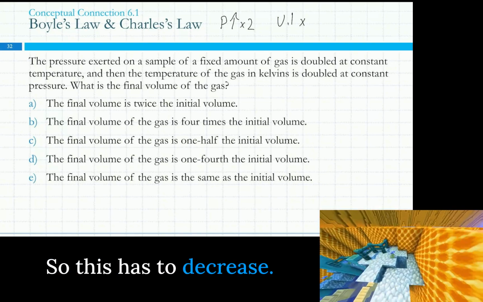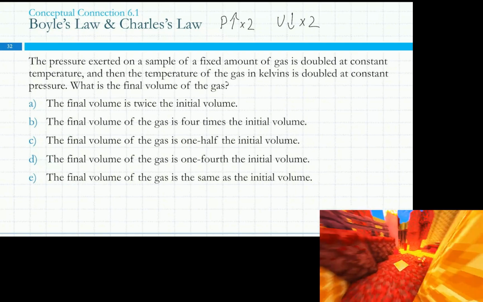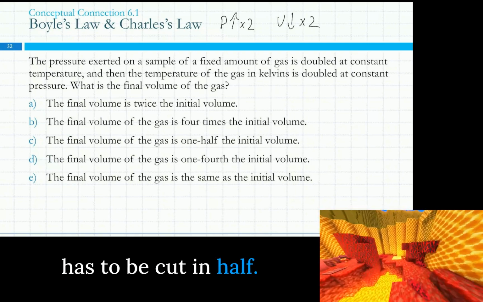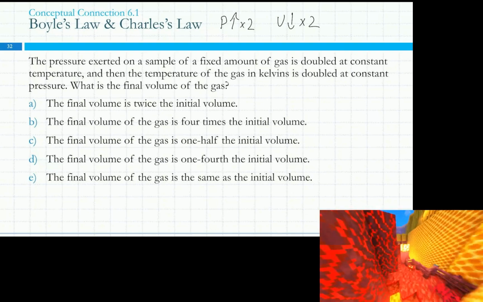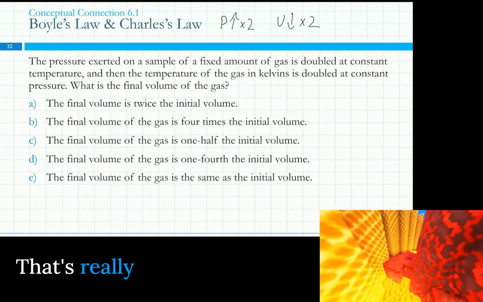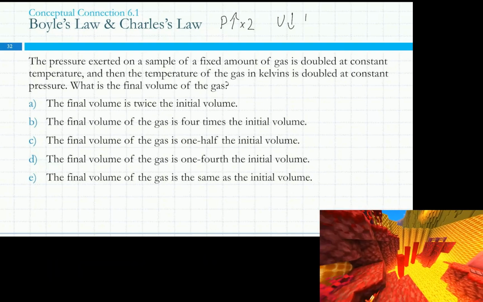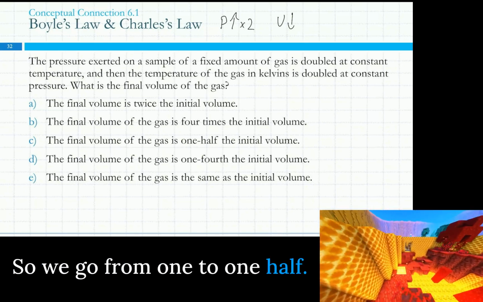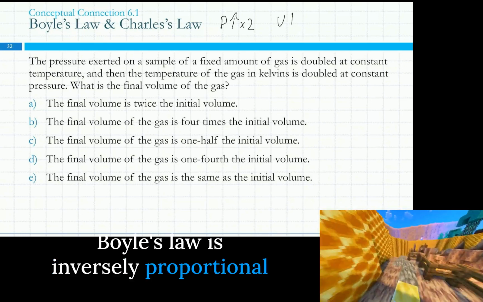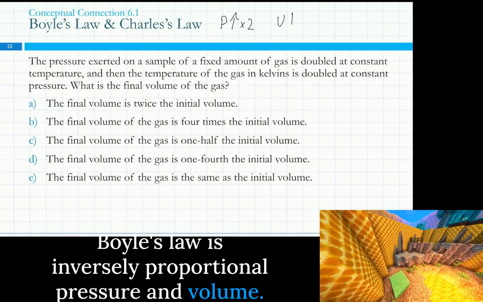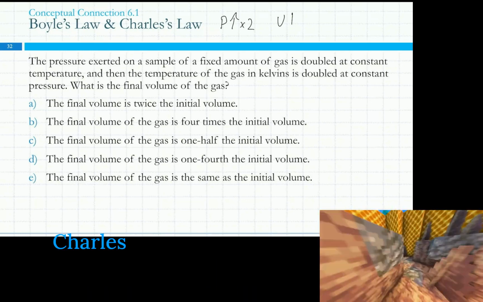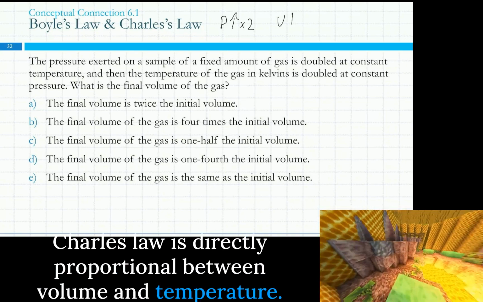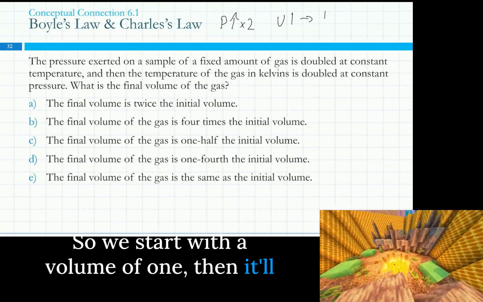So this has to be cut in half. That's really what this means. So we go from 1 to 1/2. Boyle's law is inversely proportional, pressure and volume. Charles' law is directly proportional between volume and temperature. So we start with a volume of 1, then it'll go down to 1/2.